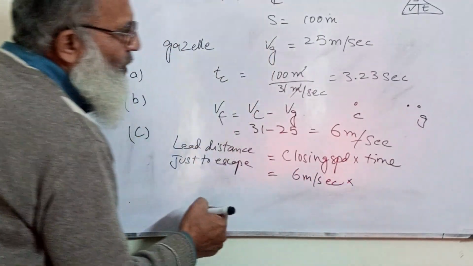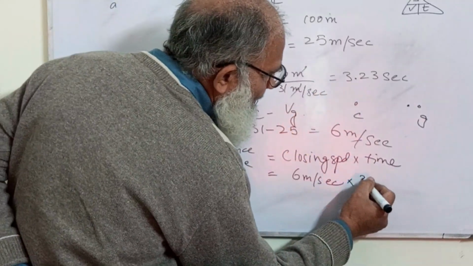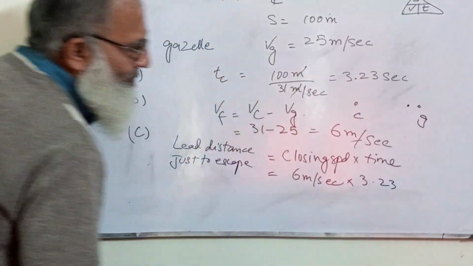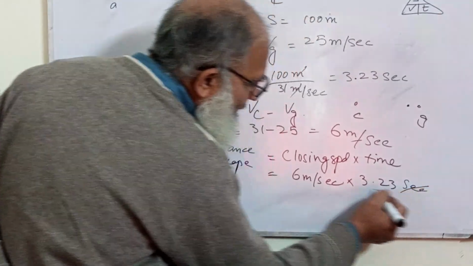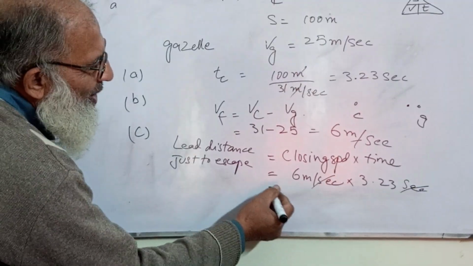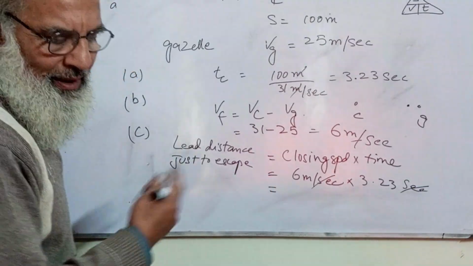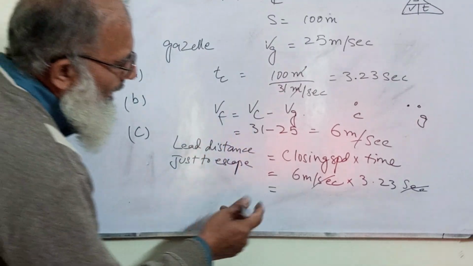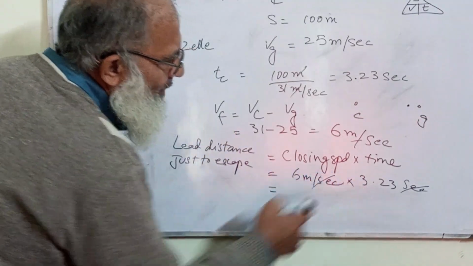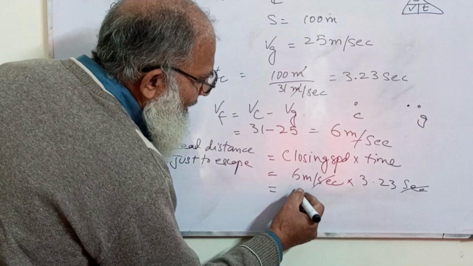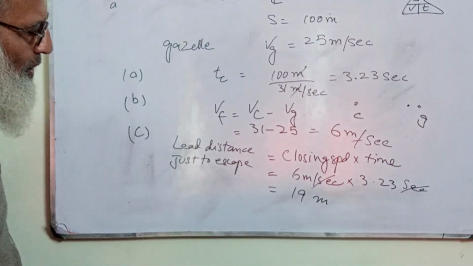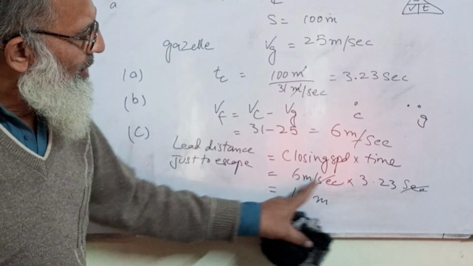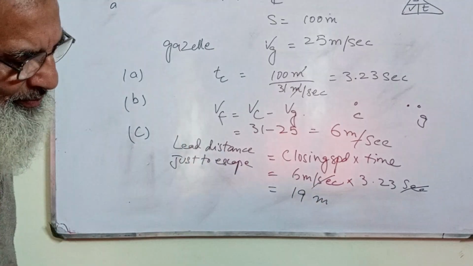And the time is how much? 3.23 seconds. Now the seconds will cancel. It will become almost 18 or 19. 6 times 3 is 18, and let it be almost 19 meters. Okay, it is 19 meters.